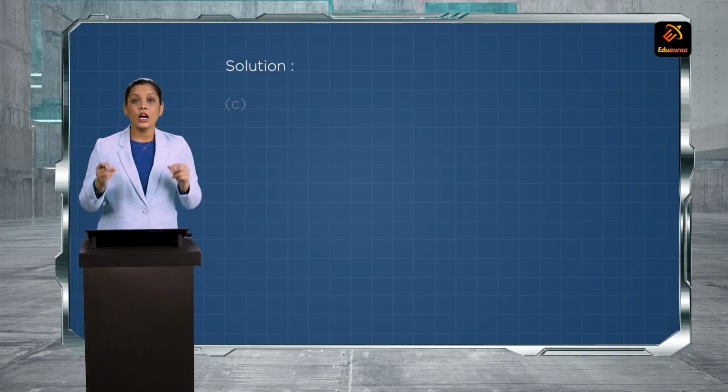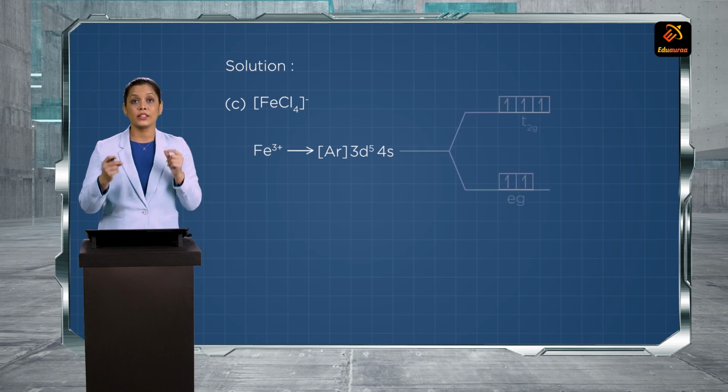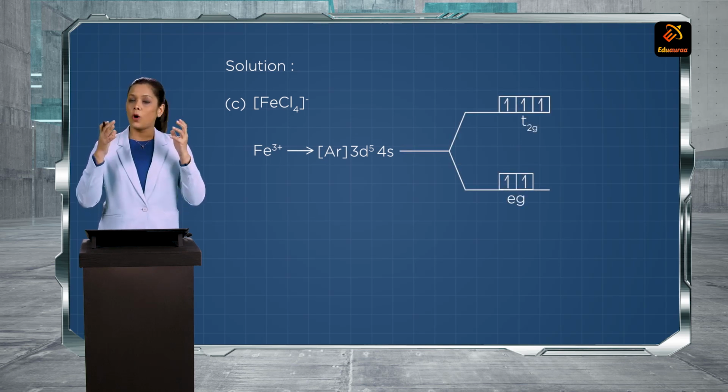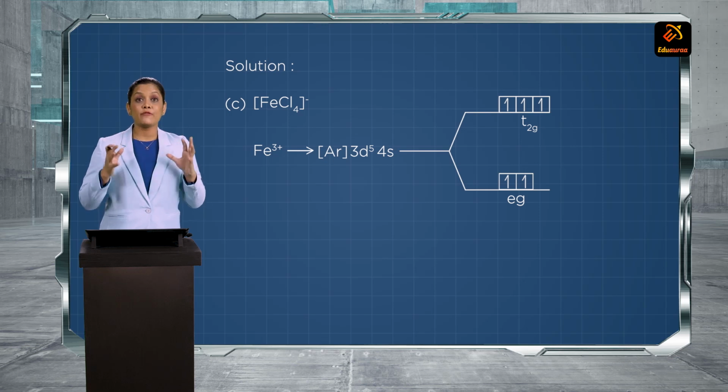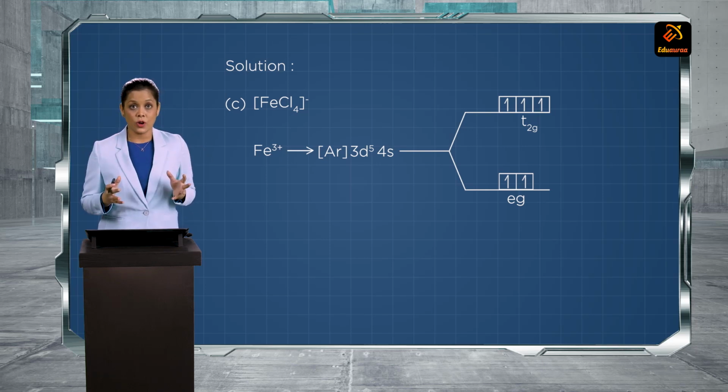So now, moving on to option C. Option C has the first complex, which is FeCl4-. FeCl4- has Fe in +3 oxidation state, and we already know that Fe in +3 has d5 configuration, such that all the electrons being unpaired shows 5 unpaired electrons.